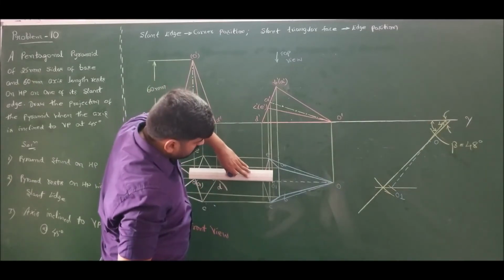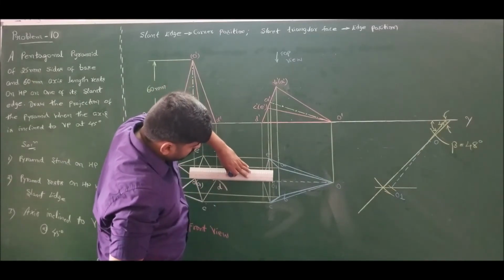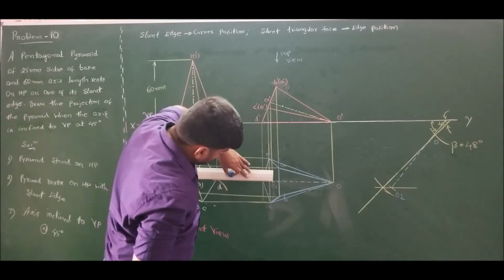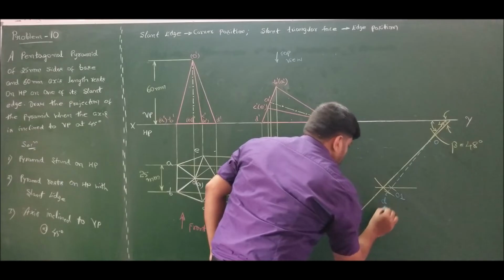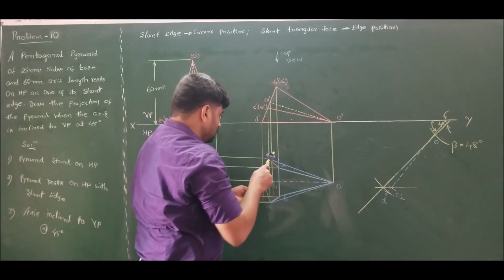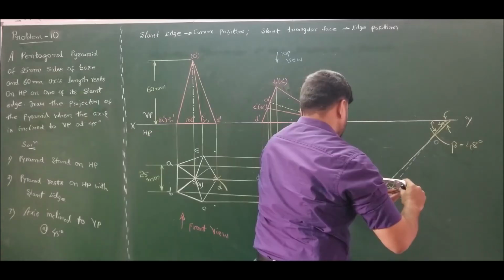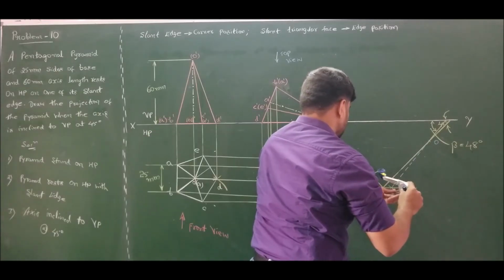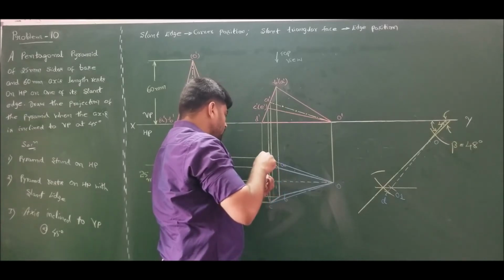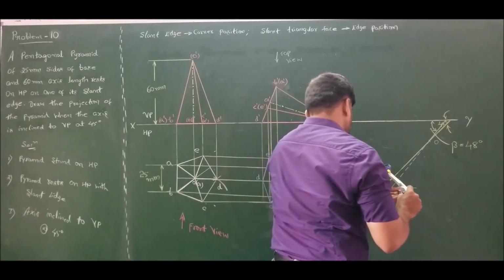Measure the length O1 to D and transfer the corner D. Now, using a compass, measure D to E, mark D to E. Again, measure O1 to E and intersect this arc.